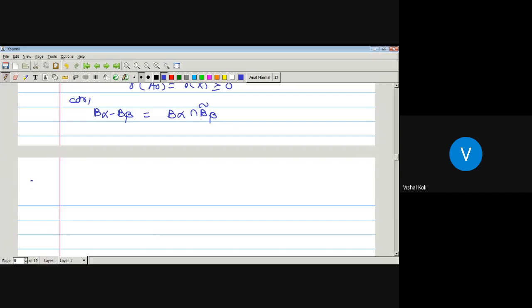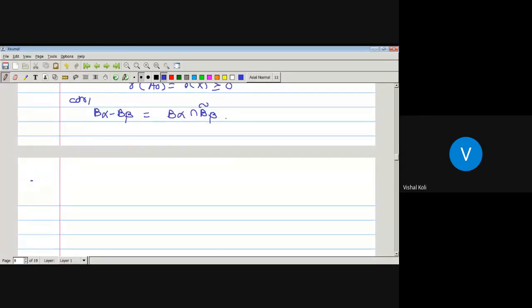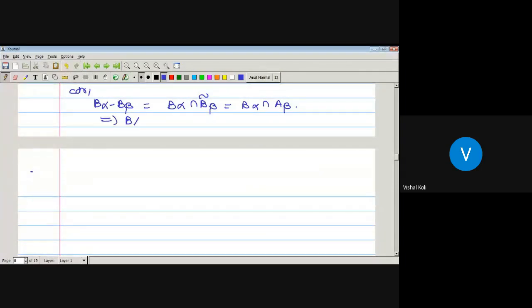So A beta is a negative set with respect to the signed measure gamma minus beta mu, and B beta is the complement of the negative set, so it is a positive set. But B alpha is a negative set with respect to the signed measure gamma minus alpha mu, which implies B alpha minus B beta is a subset of B alpha, and B alpha minus B beta is also a subset of A beta.